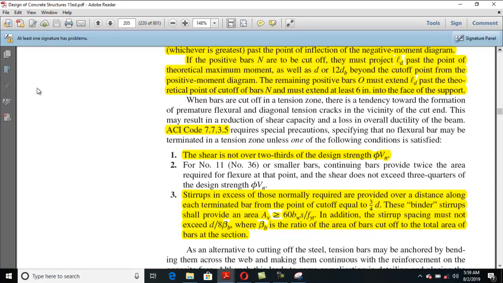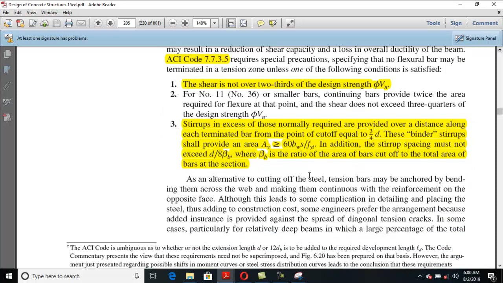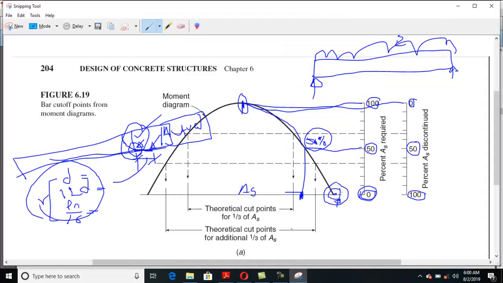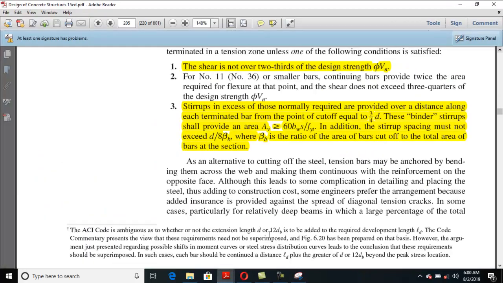If you are cutting steel bar in a tension zone, like one can see that this is a tension zone, ACI does not allow it, but they allow you to cut the steel area if three criteria are met. Okay, and these three criteria you can see.